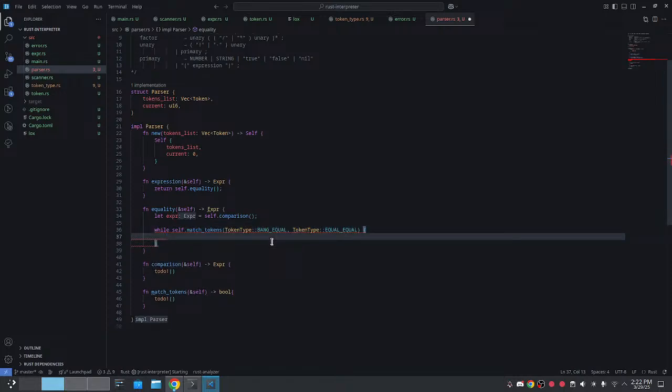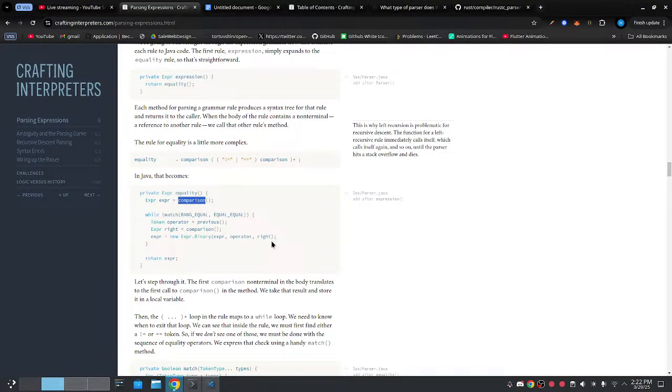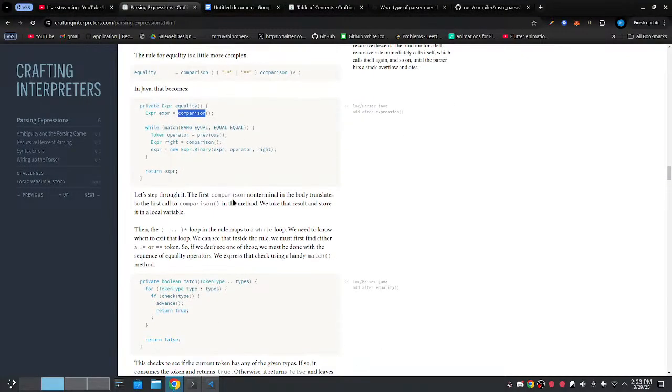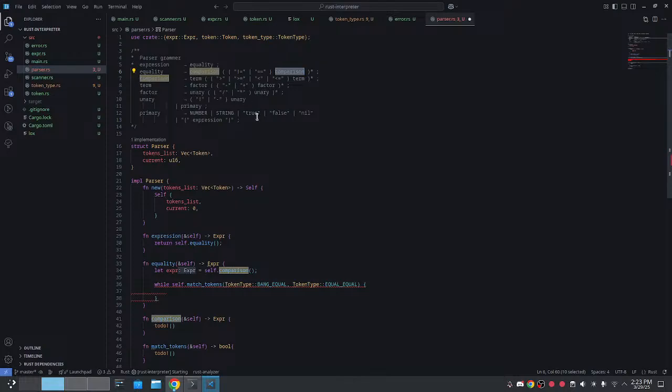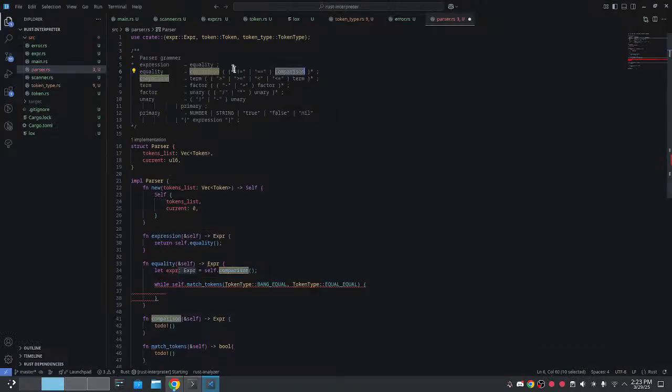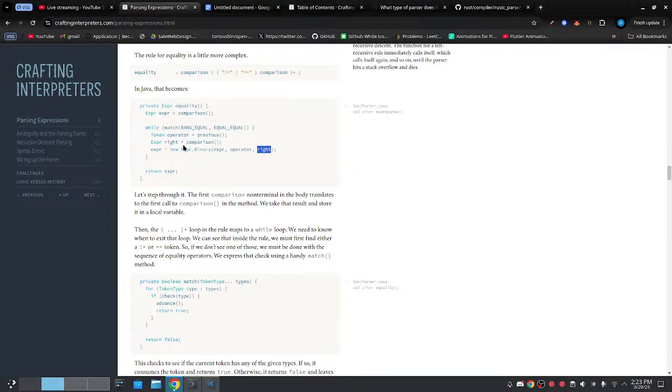So now what we have to do, we have to take token operator previous, self.previous. This is the equality one, right? Comparison bang equal equal, and then comparison. This is comparison, right? Expr new binary, operator, expr, operator, right? This is expr, then this is operator, and this is comparison, which would be right.